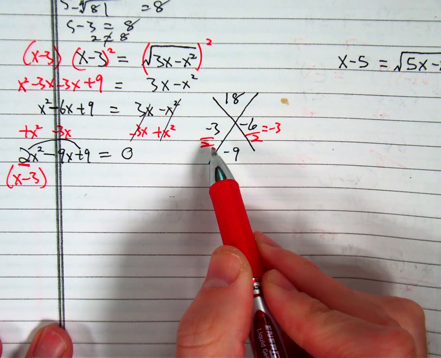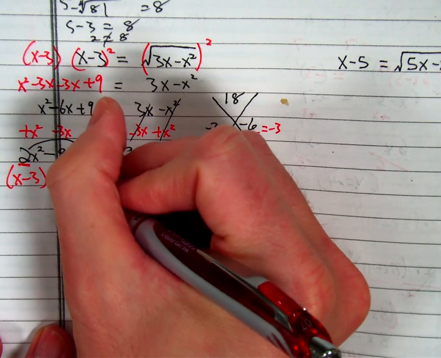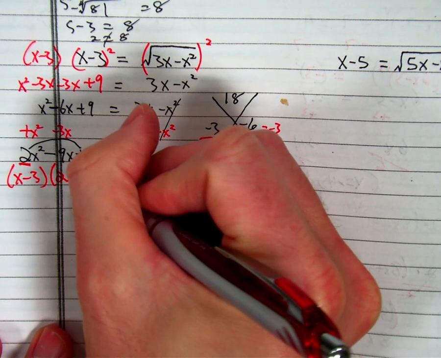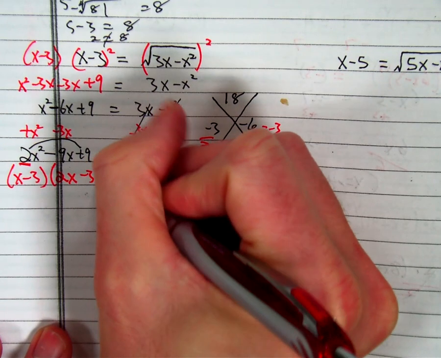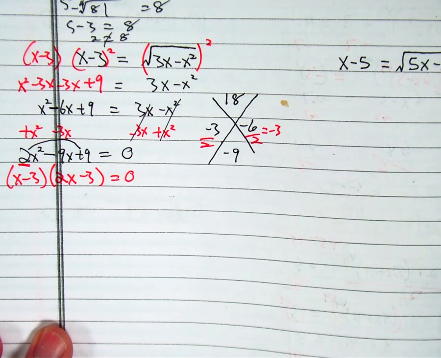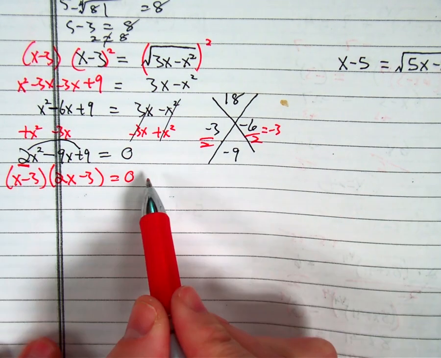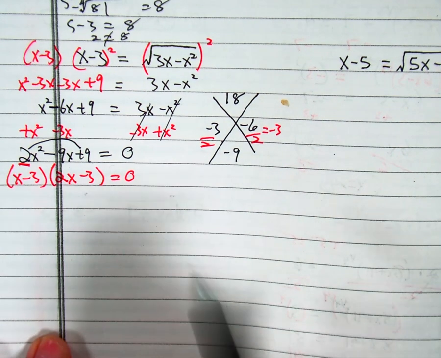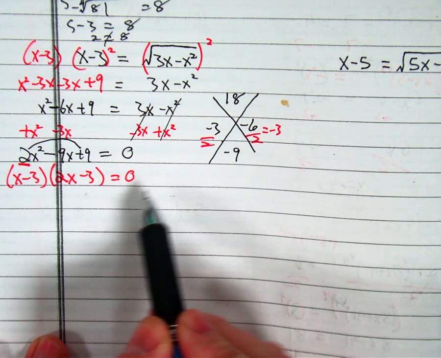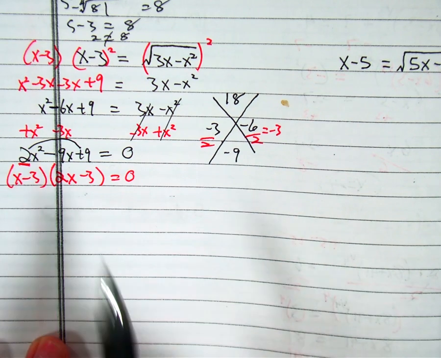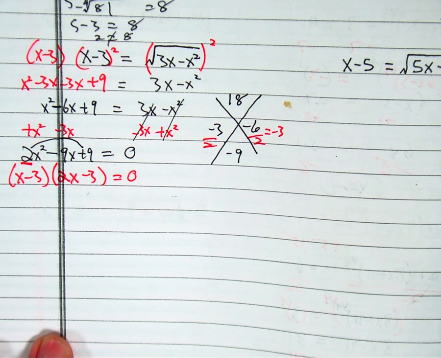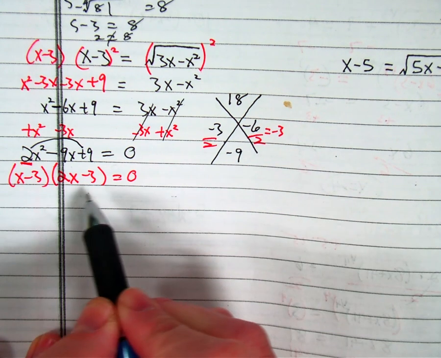So then the bottom number goes up in front of x, 2x minus 3. Now we have something times something equals 0. This is the zero product property. What makes each one equal 0? That's the only way you can multiply two things together and get 0, is if you are actually multiplying by 0. So one of these needs to be 0.